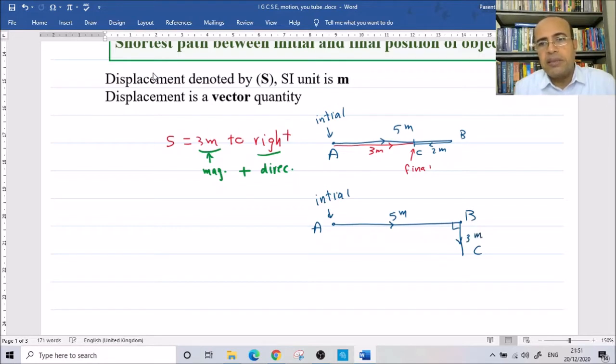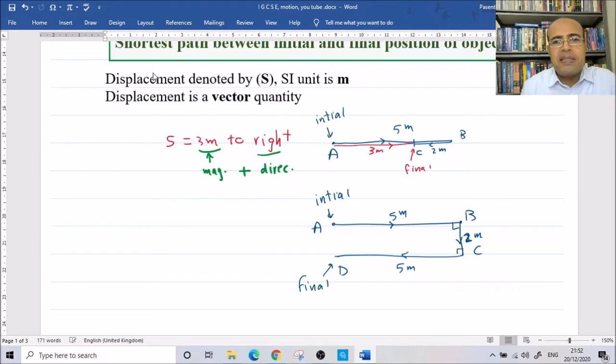Let this be 3 meter, and then return back. Let this be 2 meter, not 3, because it is the shortest distance, and then to the left 5 meter to the point D. Let this be a right angle triangle. So in that example, D is the final position.